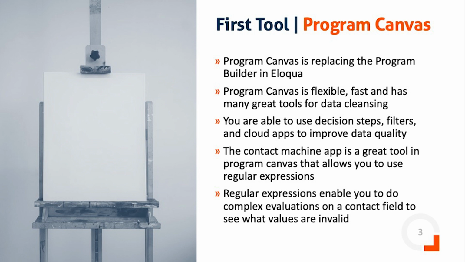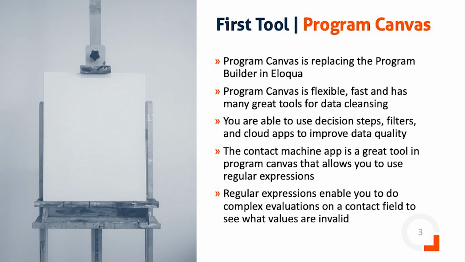For instance, we have created several apps that allow you to do field comparisons across fields, and there are various different iterations of that. So Program Canvas can be a very valuable tool to run context through, to do a little bit of that introspection on, to say, are there values that don't fit in a given field? Are they bad for some reason? Are they out of range? Are they the wrong data type?